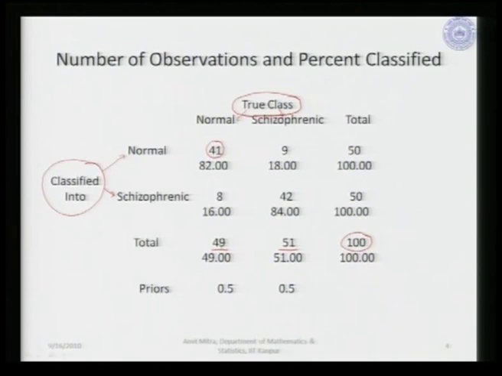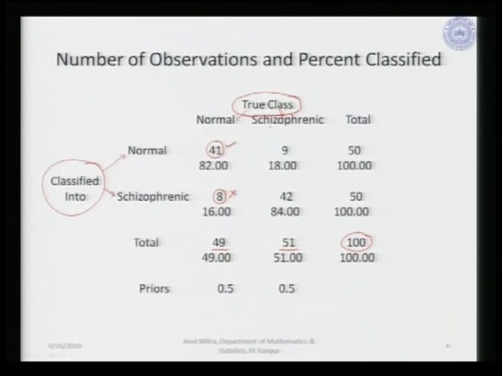So, from among 49 normal individuals, 41 are classified into the normal category, which is a correct classification. Among those 49 normal individuals, 8 have been misclassified as coming from the schizophrenic class. So, these are misclassifications.